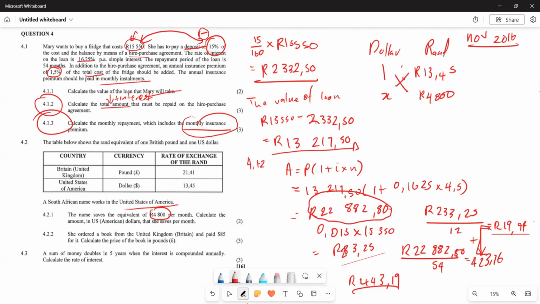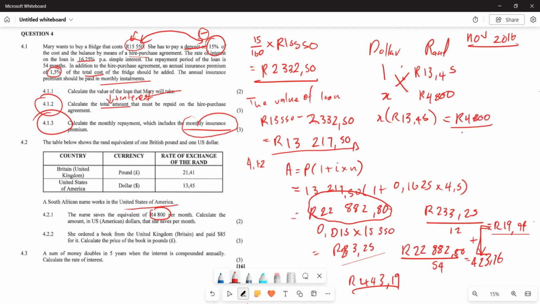And now the easy thing that you can do, you can literally just cross multiply here. So which means when you're cross multiplying, you're going to have x into 13.45, which is going to be equals to 4,800.